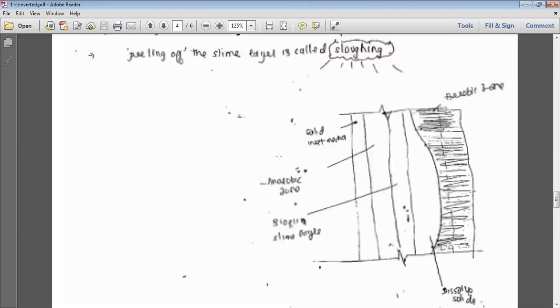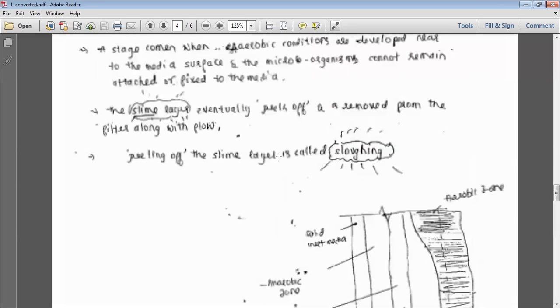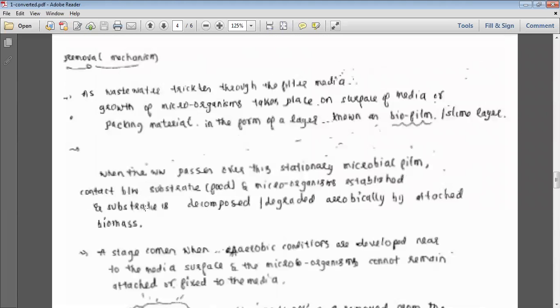Rotatory arms, inert material, and it's in your PDF notes. It might be a tank, might be in concrete or stone masonry. Some definitions will be there. You just read that. Those things you have to learn.